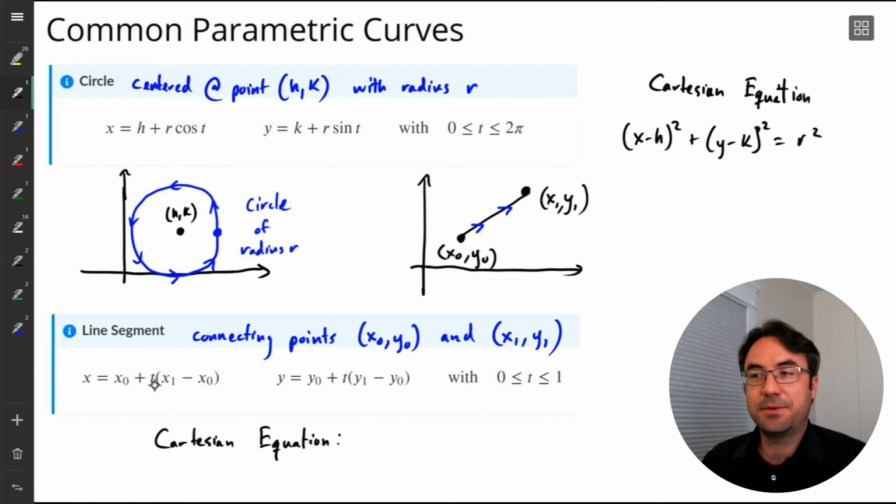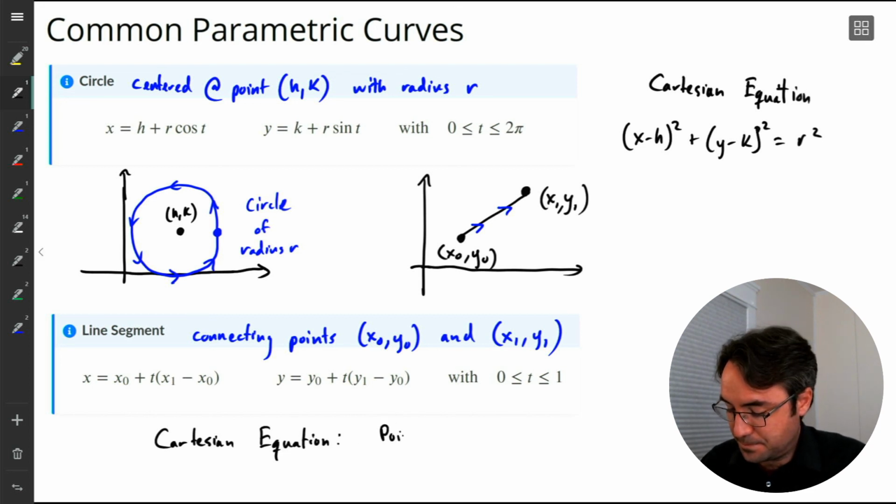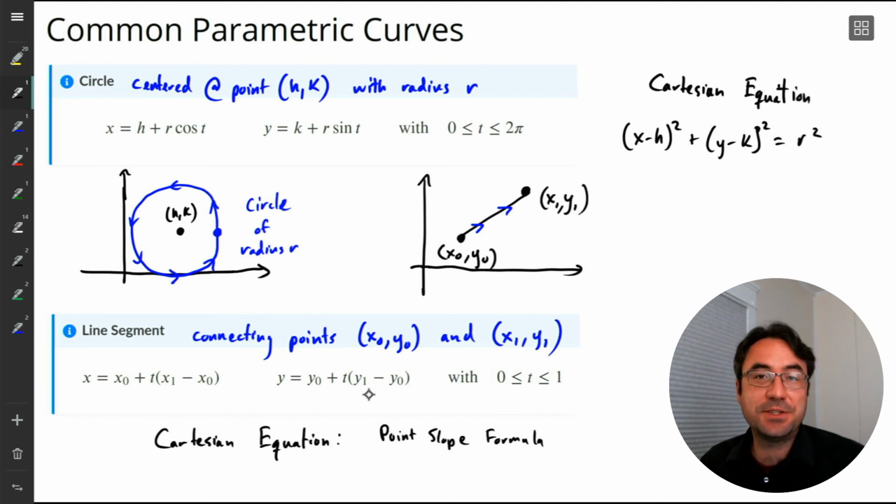Try to solve either of these equations for t. And what you'll get is, y equals mx. You'll see the slope formula in there. So you should essentially get the point slope formula for the equation of a line. You'll actually see the slope formula when you do this.